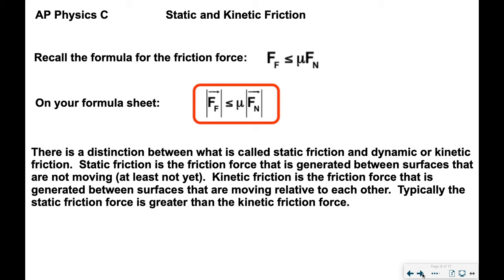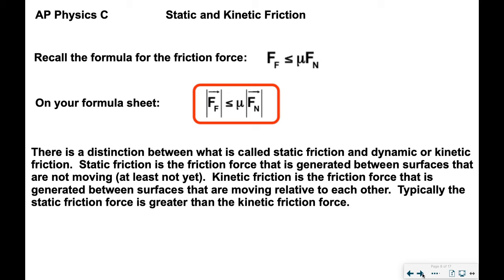We're going to find that the static friction force is typically greater than the kinetic friction force. And a way to remember that is that it is harder to get something moving than it is to keep something moving once it's already moving.